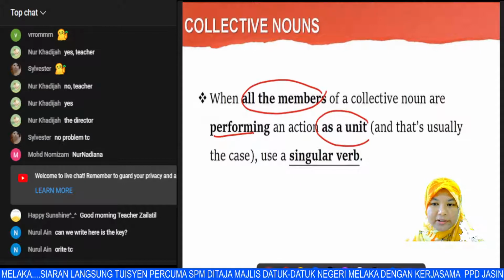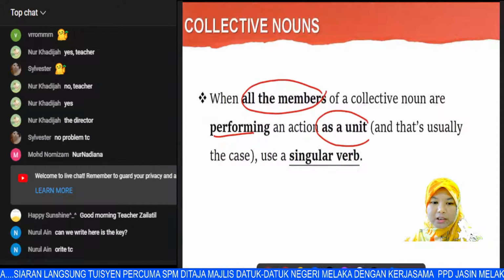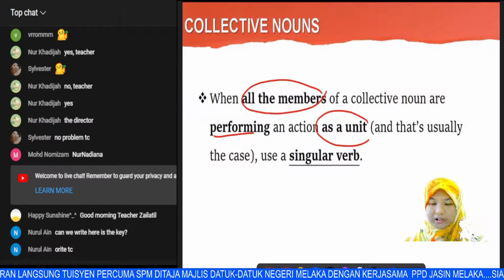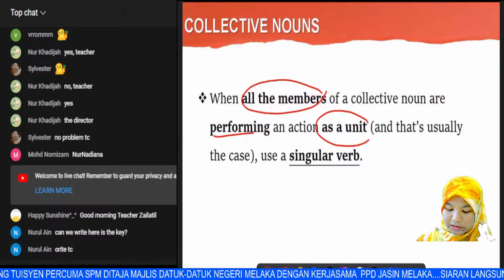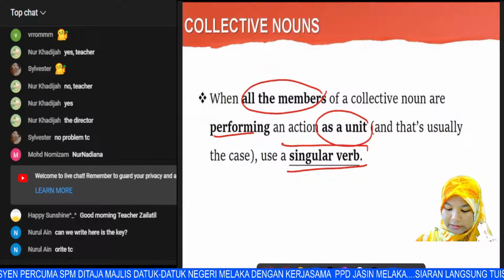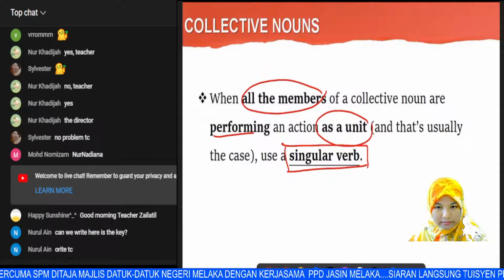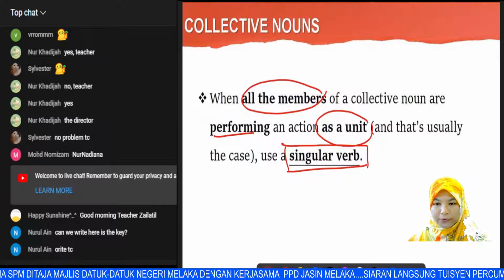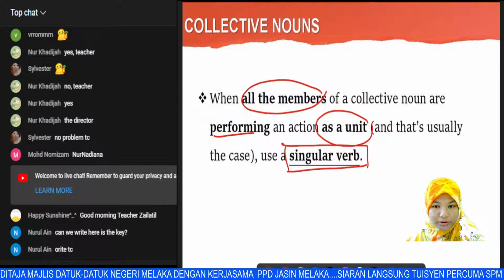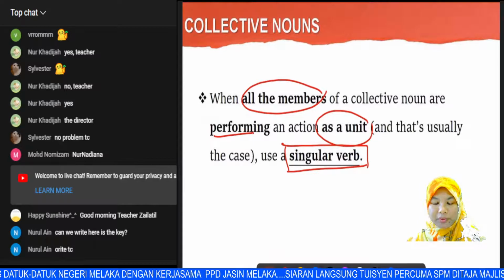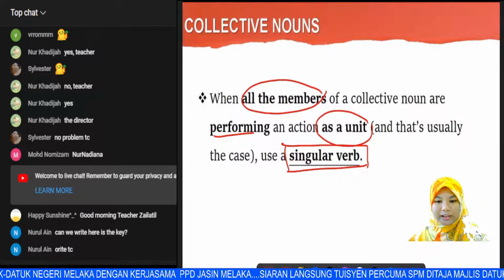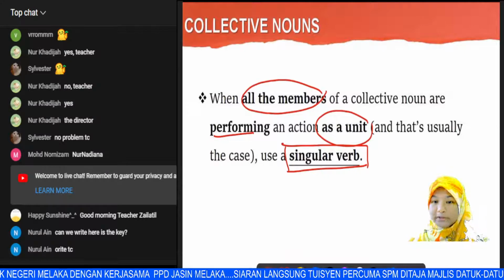It means that everyone or every member of the group is doing the same thing, so we use a singular verb. It means that you work as a team, one thing with one goal. It becomes singular, so you use a singular verb.